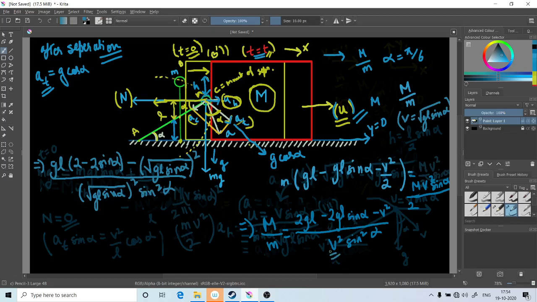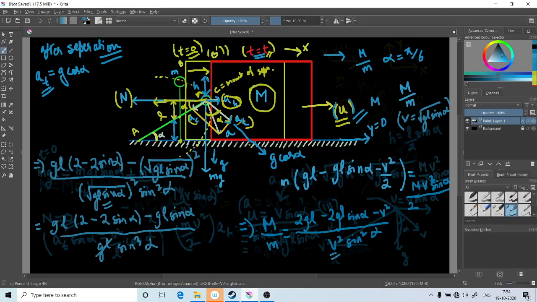In place of v, we put root over gl sine alpha. Now, which gives us gl 2 minus 2 sine alpha minus gl sine alpha divided by gl sine cube alpha.